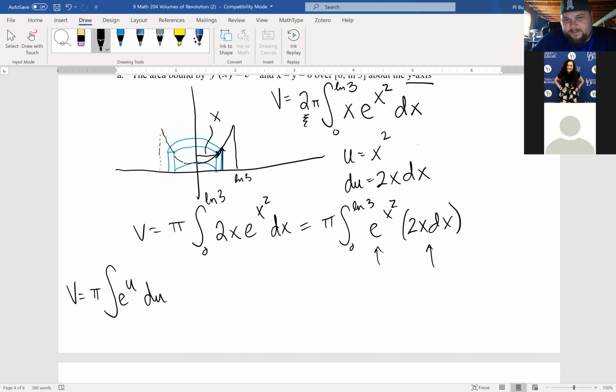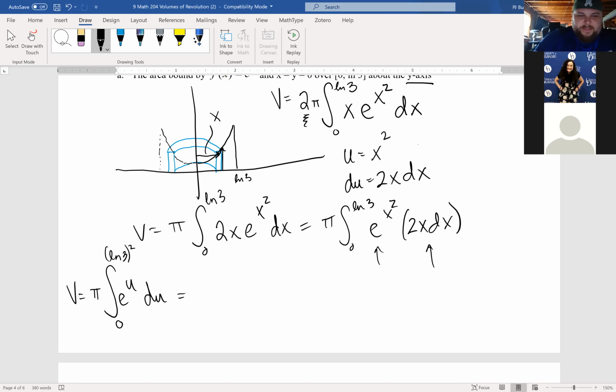And while we're at it, let's go ahead and change our bounds. So if x equals 0, 0 squared is still 0. So that's the same bound on u. And if x is natural log 3, u is natural log 3 quantity squared. Now this is a great integral, right?